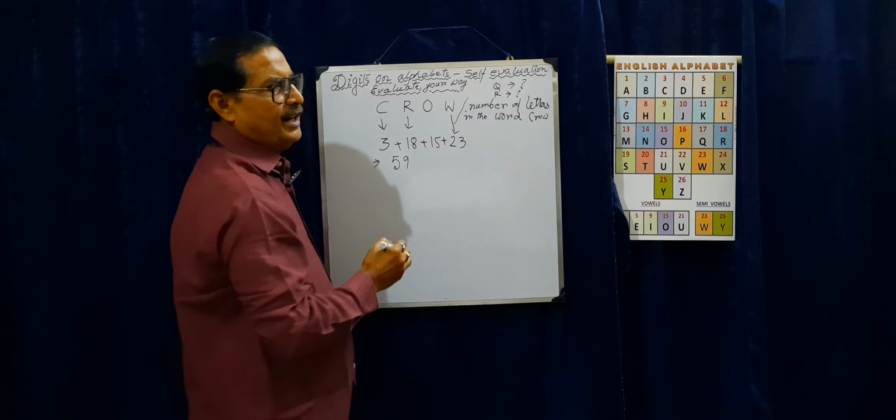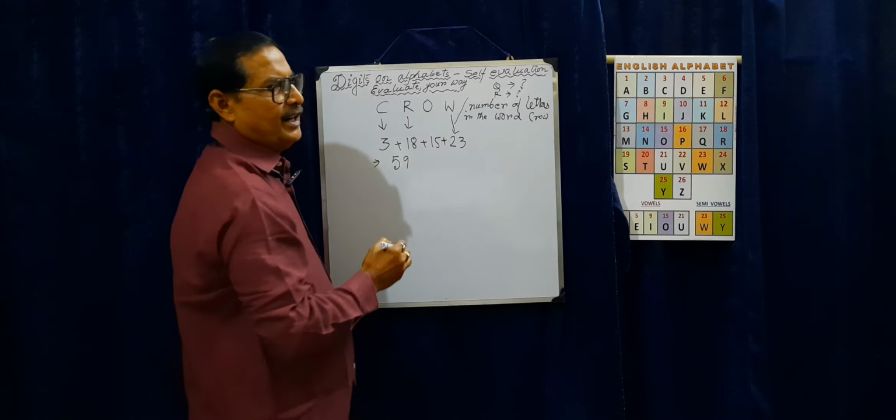Now what was my question? If we divide it by the number of letters in the word crow, how many letters are there? 1, 2, 3, 4. If we divide it, then what will be the result? Again we will go for that. Unit place, 10 place. We will put 59.